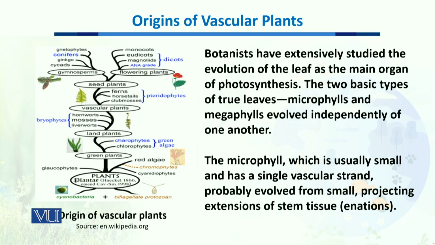Now, when we talk about the evolutionary history and origin of vascular plants, you can see here that when plants originated for the first time, out of this lineage, green plants were the main one which successfully adapted to the land environment.